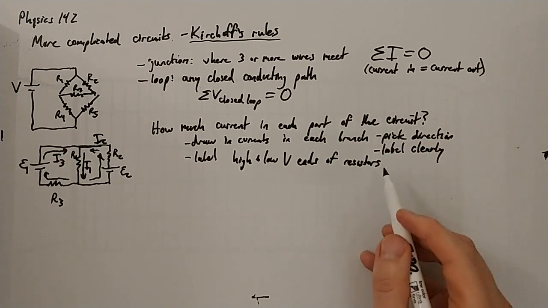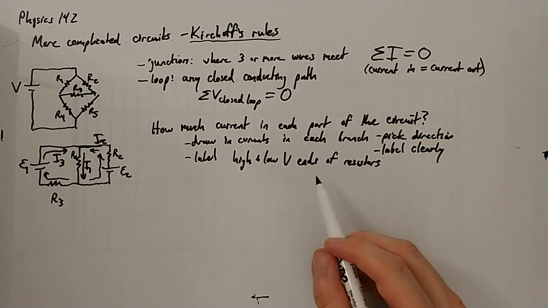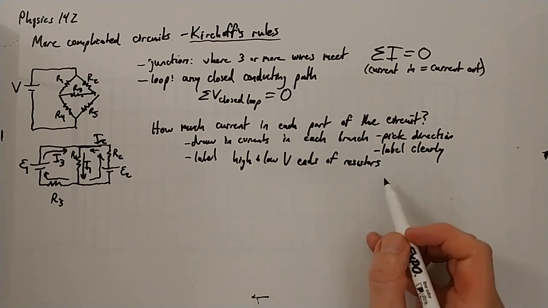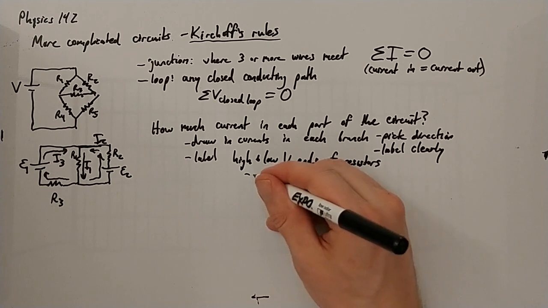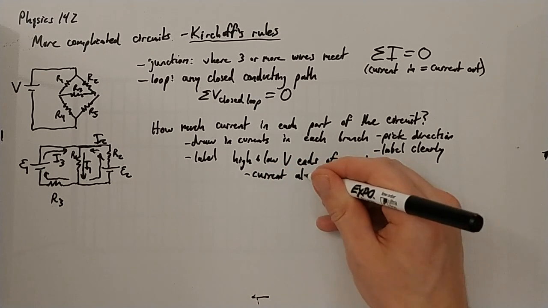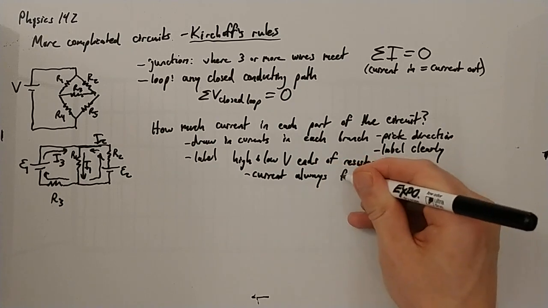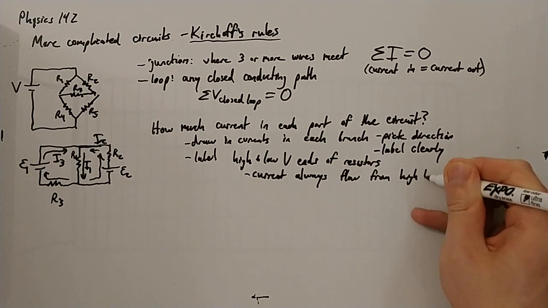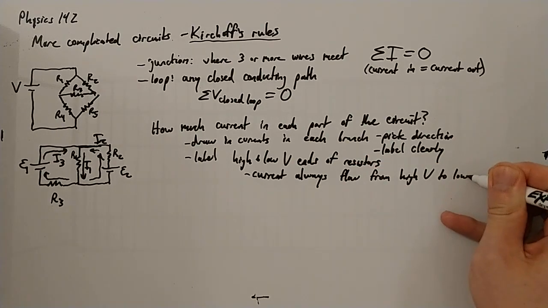How do you do that? Well, the key is that current always flows from high potential to low potential. So we should note that current always flows from high V to low V.